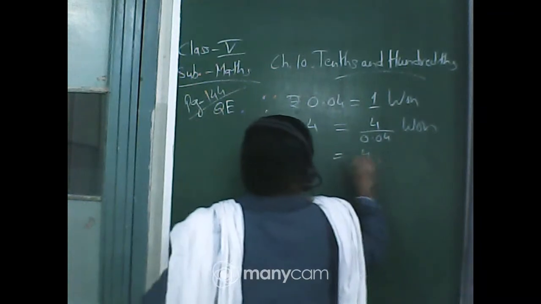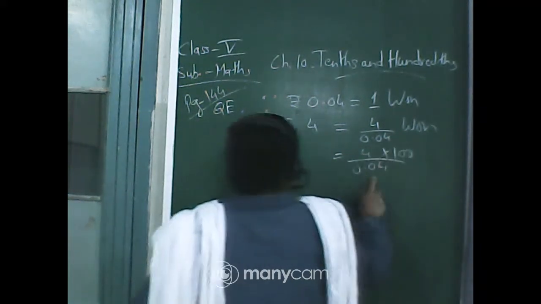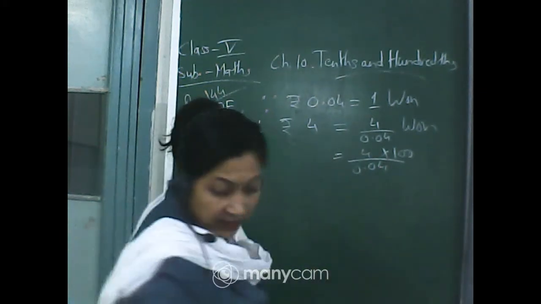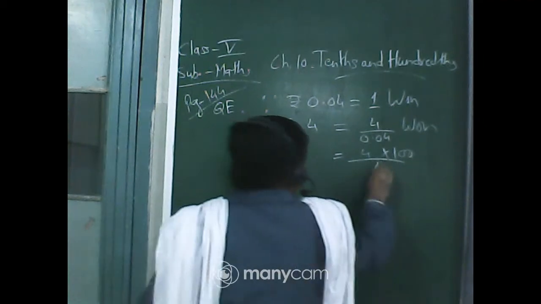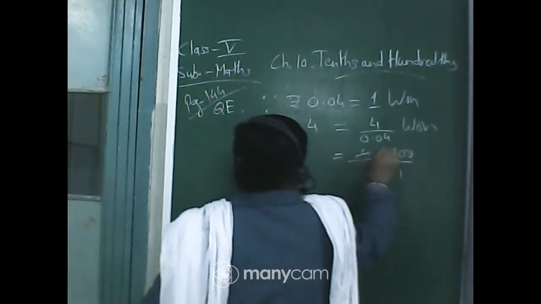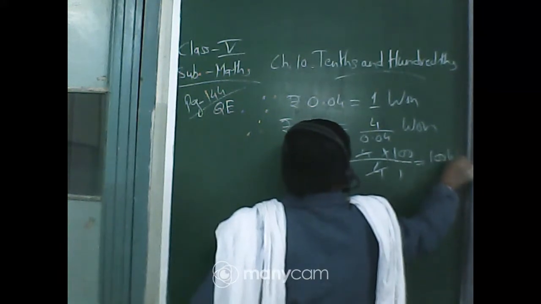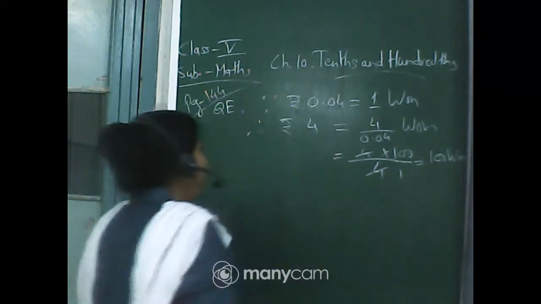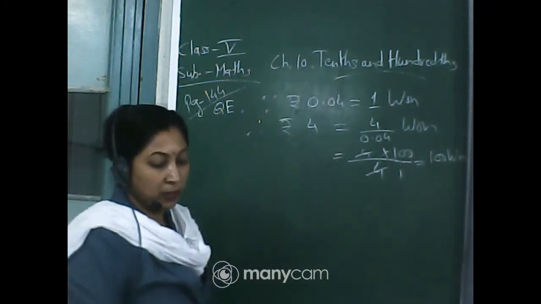Now convert it. When the decimal is moved, 0.04 becomes 4, so 4 ones are 4 and 4 ones are 4. Answer is coming 100 won. That means for rupees 4, Astha is getting 100 won as international currency.